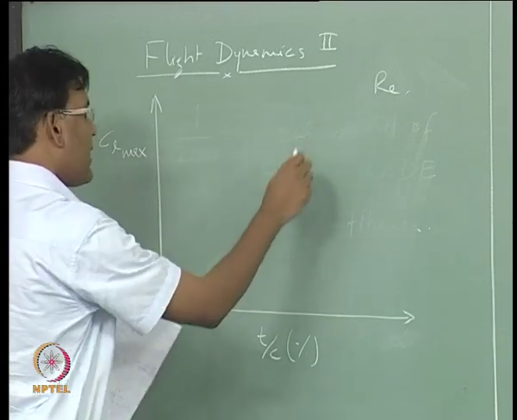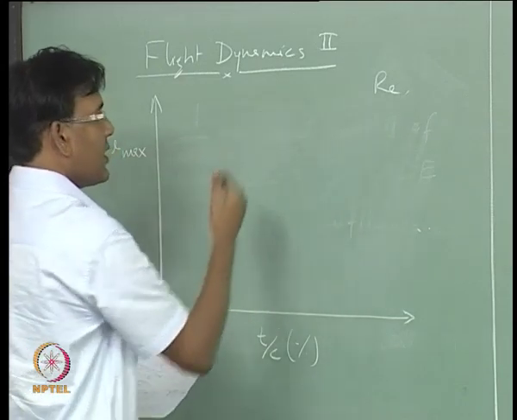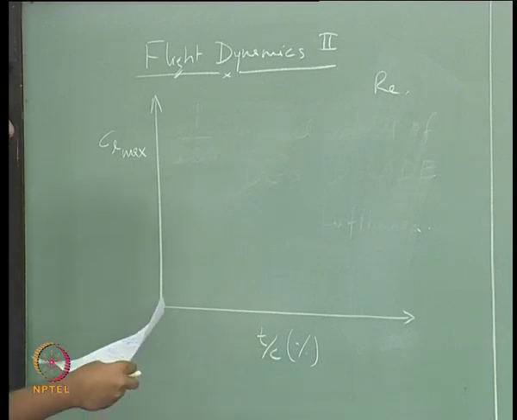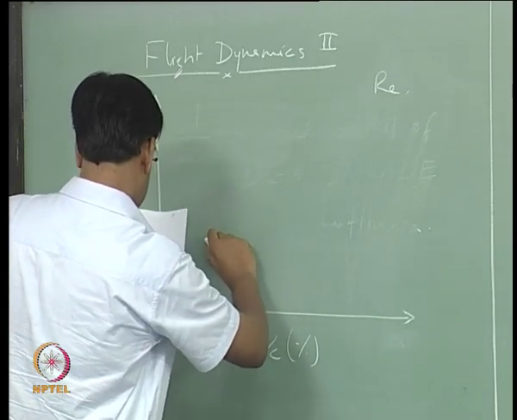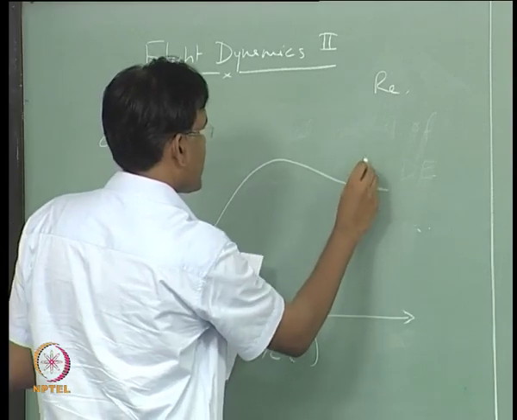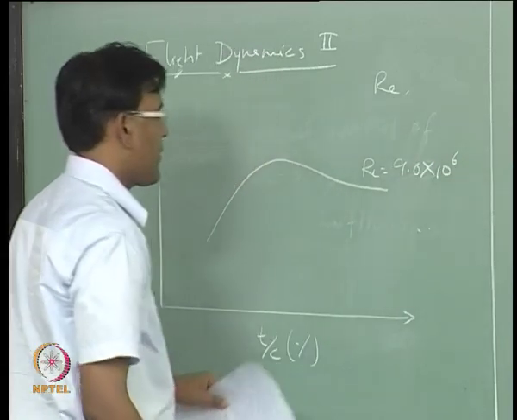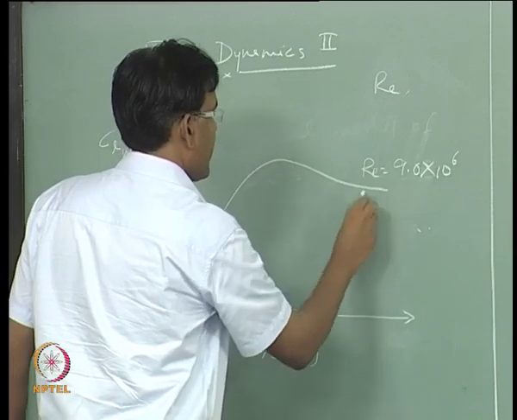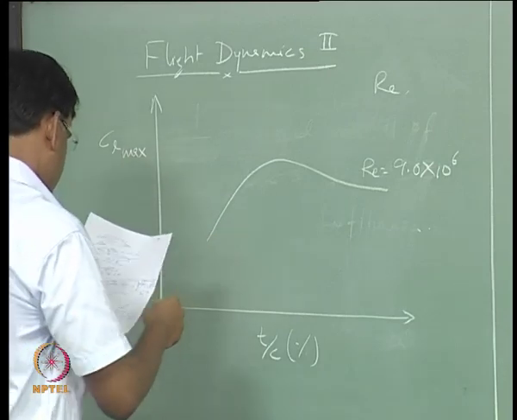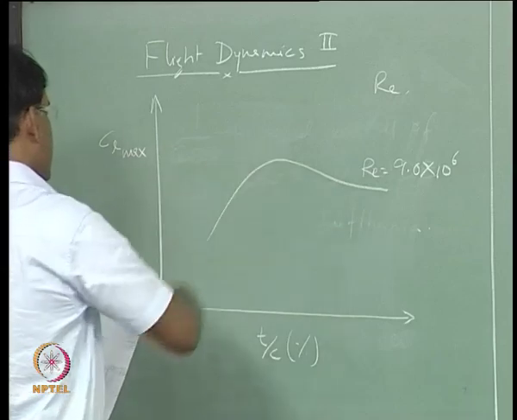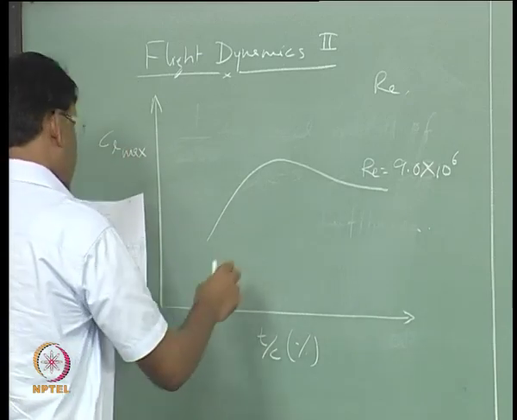So, clearly if you increase the speed of flow over the airfoil, then you will get more lift, and this one is for the highest Reynolds number, which is nine into 10⁶, and CL max falls down with respect to this Reynolds number.